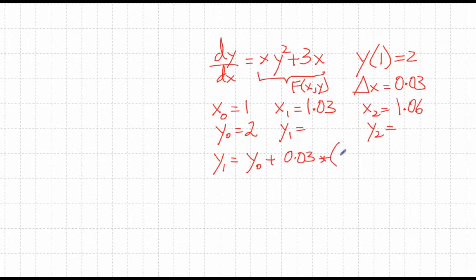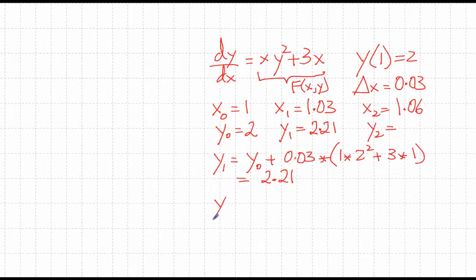And so that's 1 times 2 squared plus 3 times 1. And this over here is 2. And this over here is 0.21. So this is 2.21. We therefore have the coordinates of the first point after the initial point.